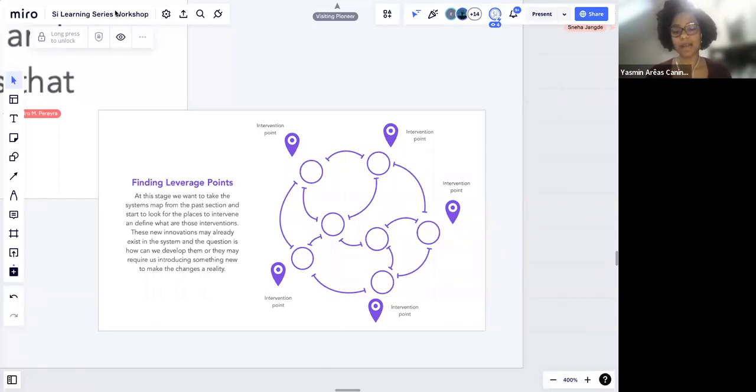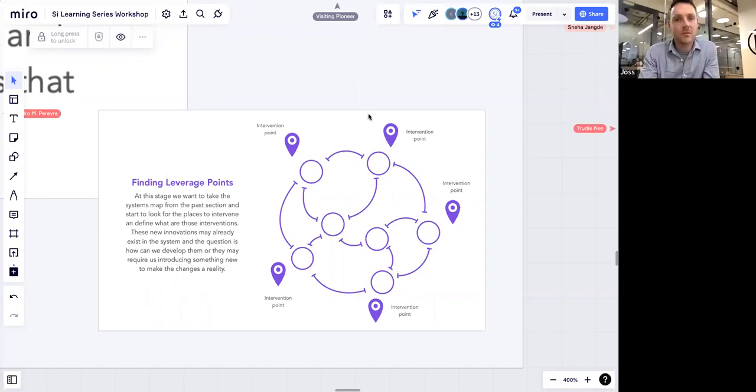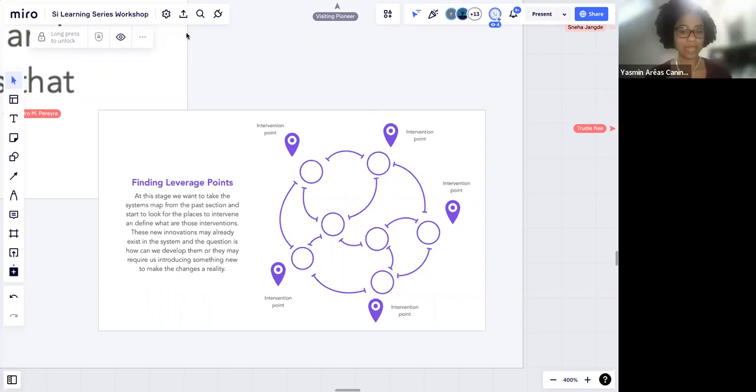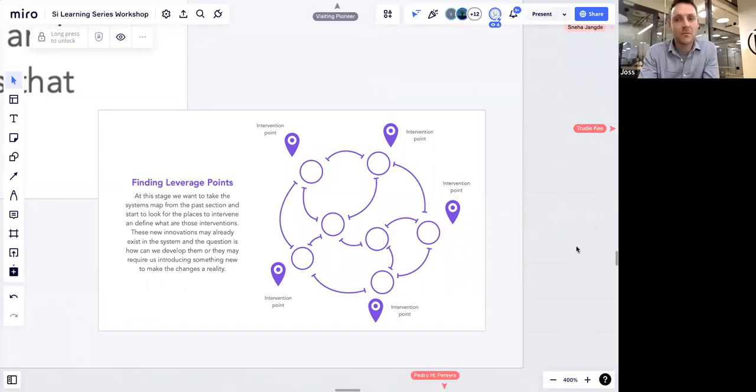And now it's the point to bring about new ways of understanding the transportation system and see how they are related to all the other factors involved here. So essentially the key word is influencing the system. And that's what we are going to cover in the fourth part of the SI learning series as well. So any questions here?